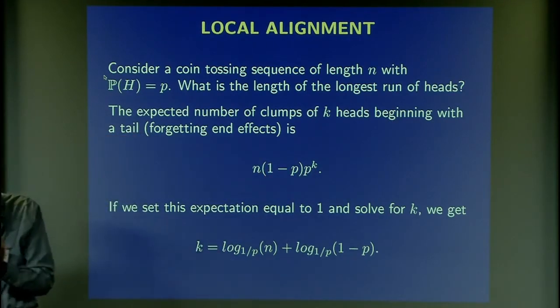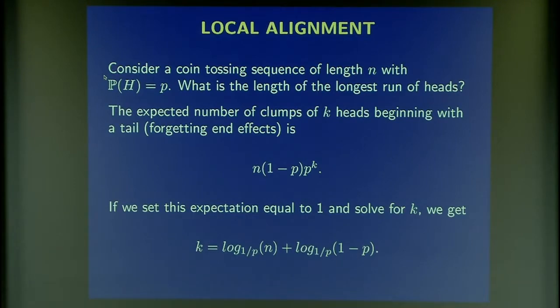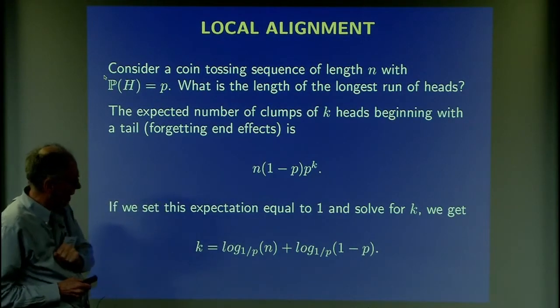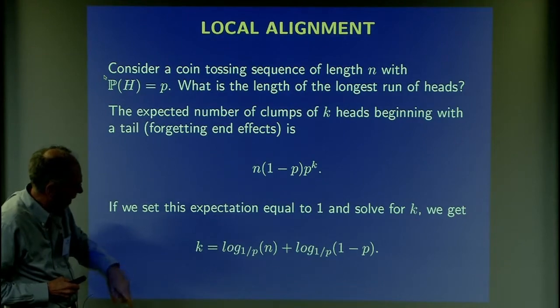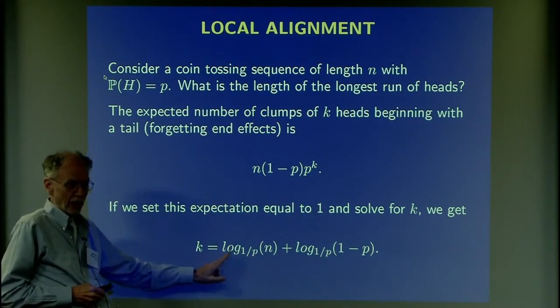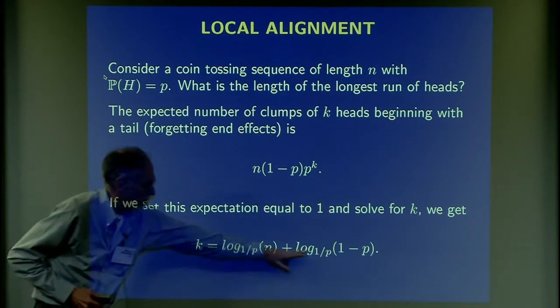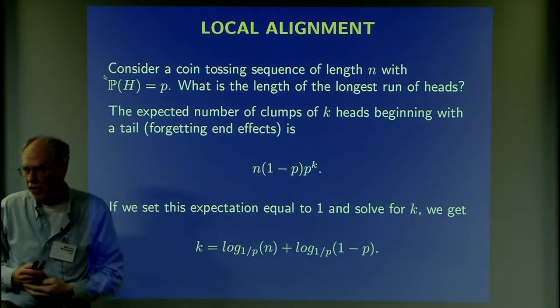Now, the longest one is not going to occur too many times. Just imagine it occurred once. So you set this equal to 1 and solve for k. If you do solve for k, you will get essentially log base 1 over p of the length of the sequence. And this will sharpen it up a little bit.